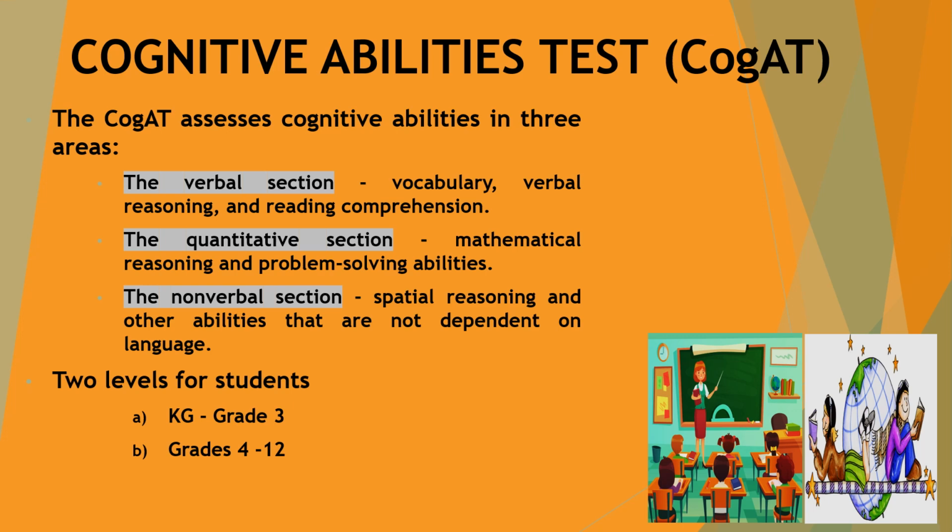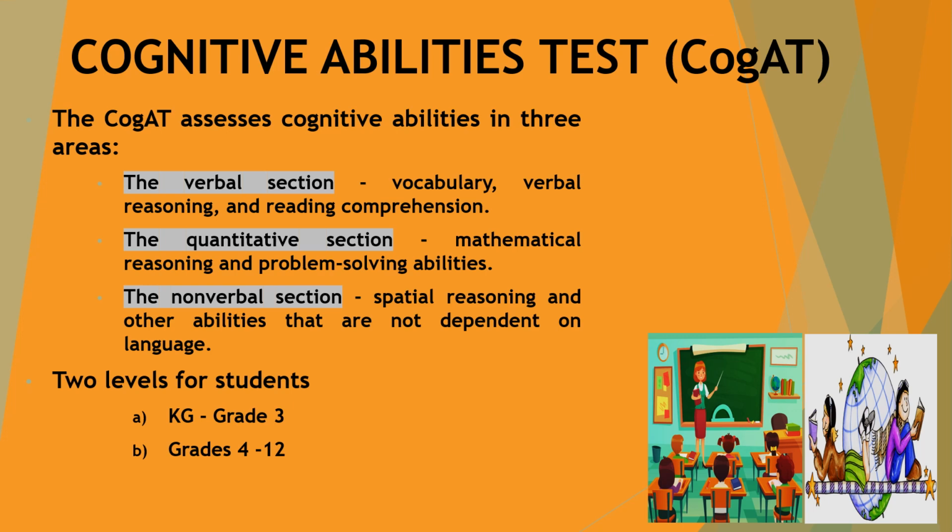Imagine that a parent is trying to determine the best educational path for their child. The parents are considering whether to enroll the child in a gifted program or a traditional program. The parent then decides to administer the cognitive ability test to get a better understanding of the child's cognitive abilities.